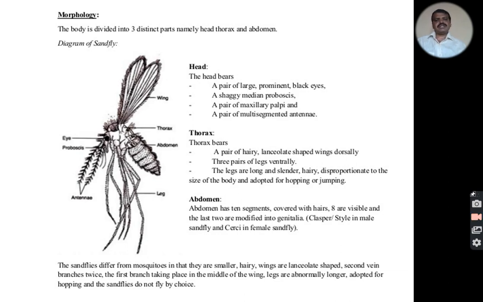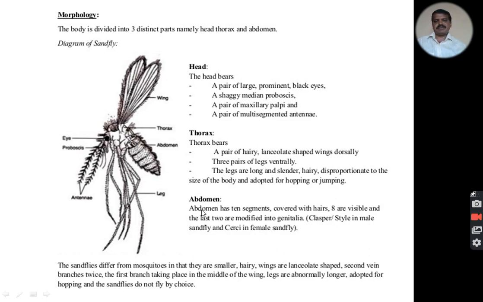So 3 pairs of legs ventrally, and dorsally a pair of wings are attached. And the size of the body is adapted for hopping or jumping from one place to the other. Apart from flying, the sandfly is able to jump from one place to the other.